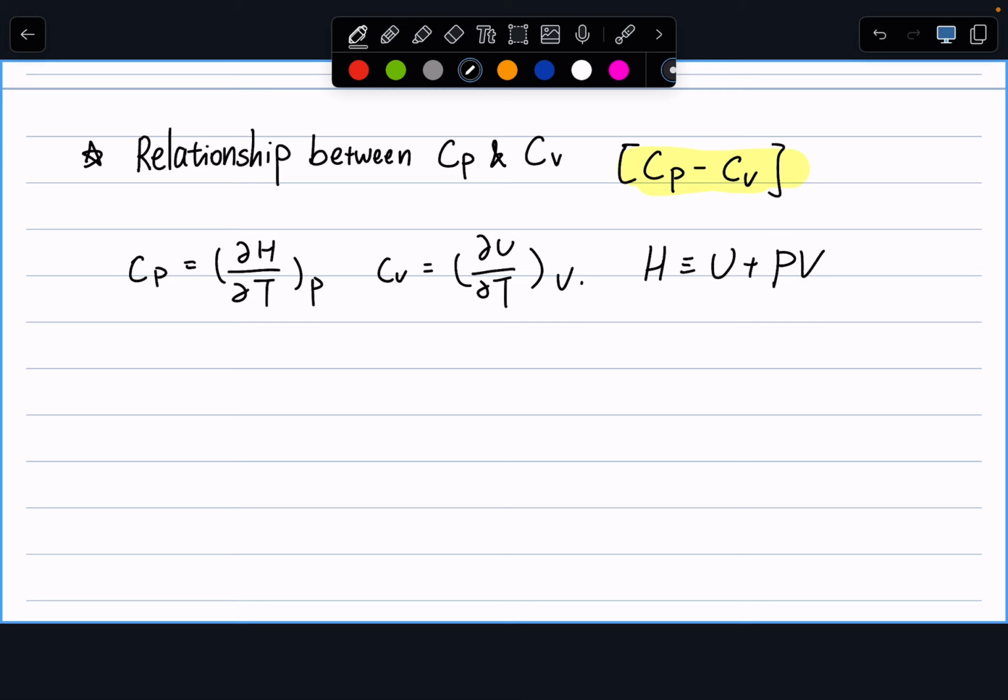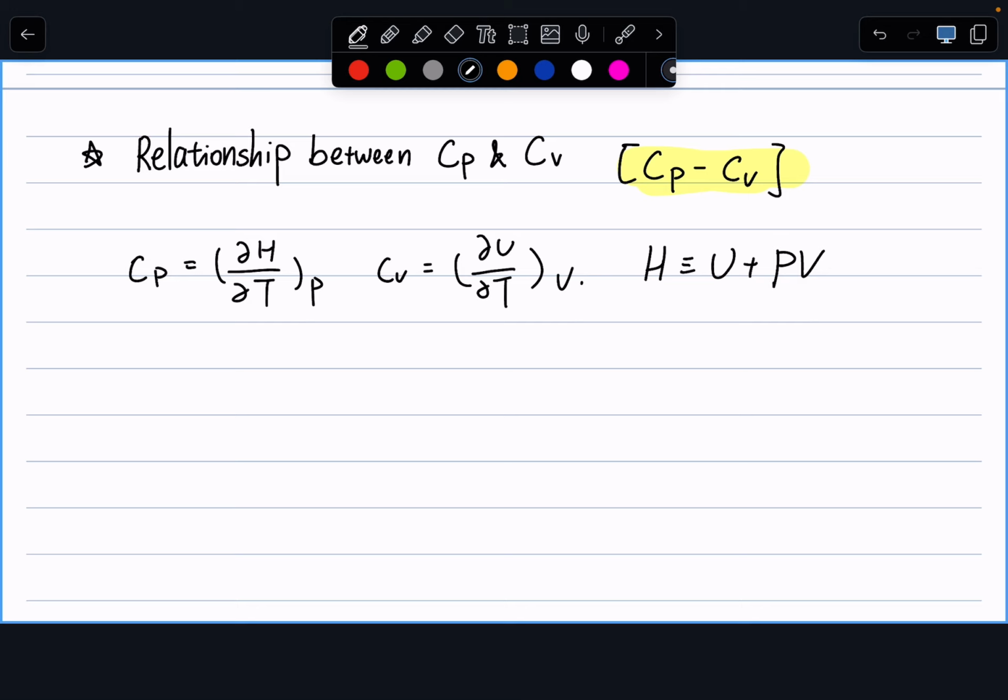That is, dU equals the partial derivative of U over T at constant V dT, plus the partial derivative of U over V at constant T dV.